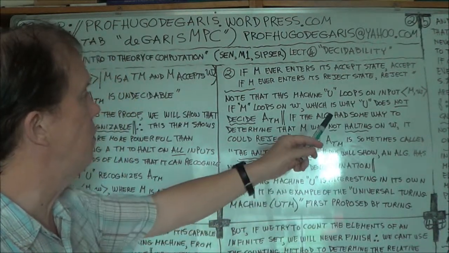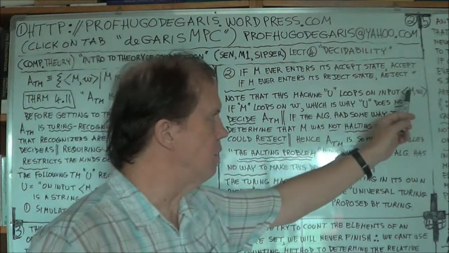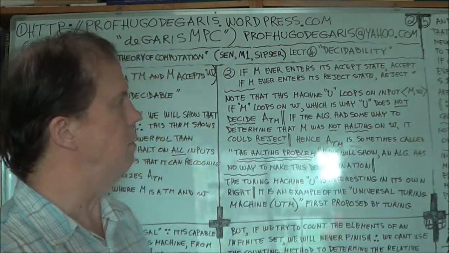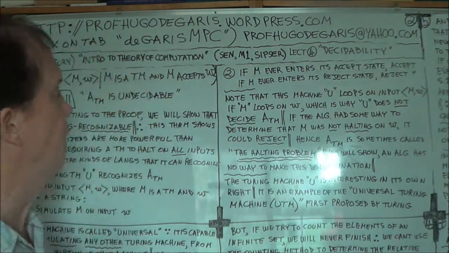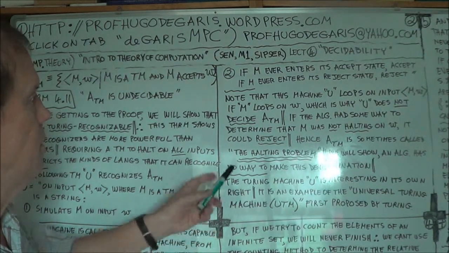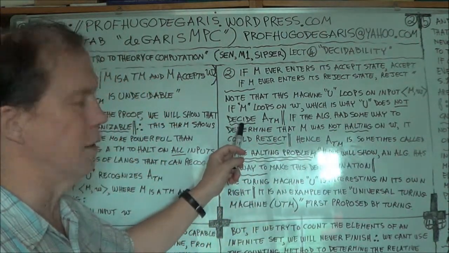So if M on W loops, if it does not accept and does not reject, well then similarly U will do the same. It too will loop. Okay. Now, that's why this Turing machine U is not a decider.